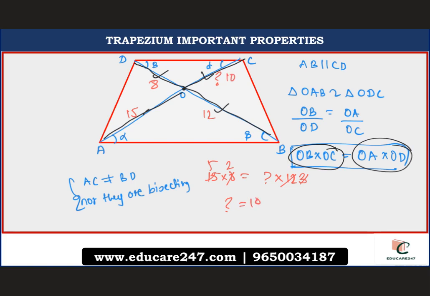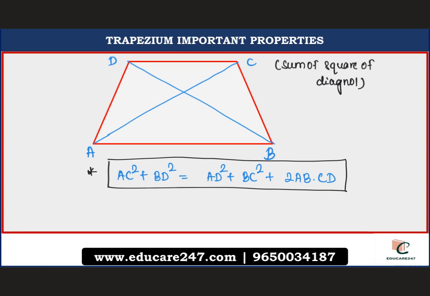Easy, right? Another very important property or formula, you may call it, I want you to know, and this is the most ignored formula, and trust me, questions have appeared on this in a lot of examinations, is the sum of the squares of the diagonals, which states that AC square plus BD square is equal to AD square plus BC square plus 2 into AB into CD, right?